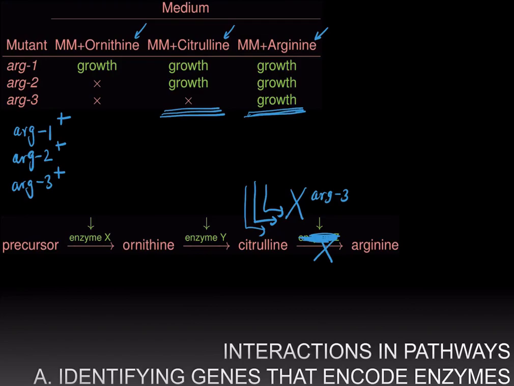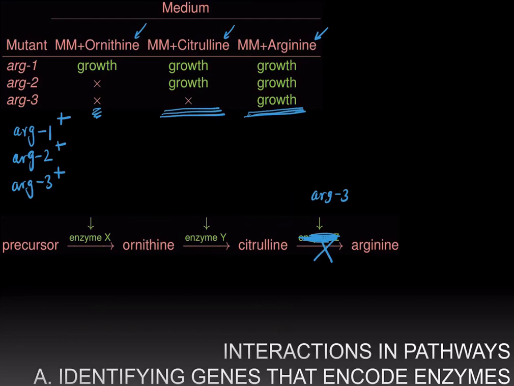And whether you add citrulline or even if you add ornithine in the arg3 mutant, there is no growth because you get stuck at the citrulline stage. The citrulline never gets converted into arginine.